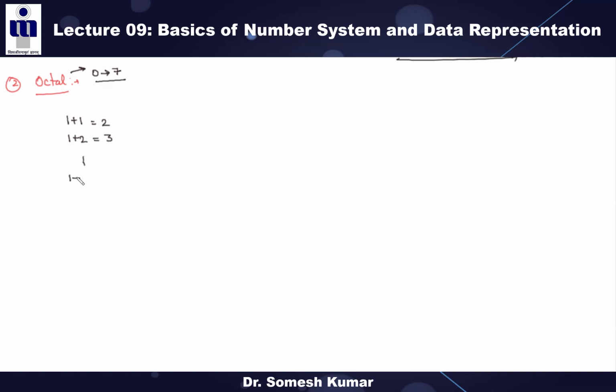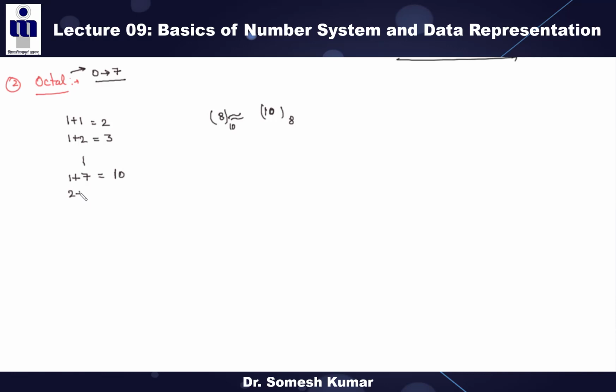What is 1 plus 7? What is 8 in decimal, and what is its equivalent octal number? 1 plus 7 is 10, right?